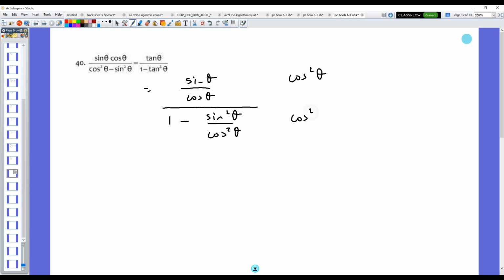That is my least common denominator. Cosine squared with a fraction that has a single cosine on the bottom will cancel one, that'll leave me with a cosine to go with that sine. Cosine squared times the 1 on the bottom. Cosine squared with the fraction that has cosine on the bottom. And that problem worked out very quickly.